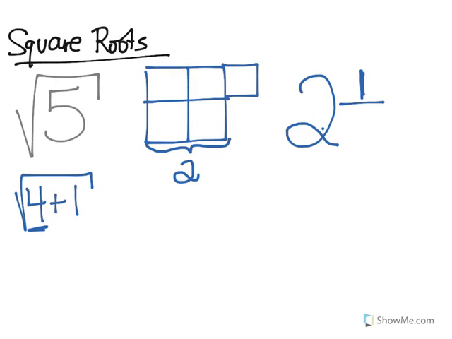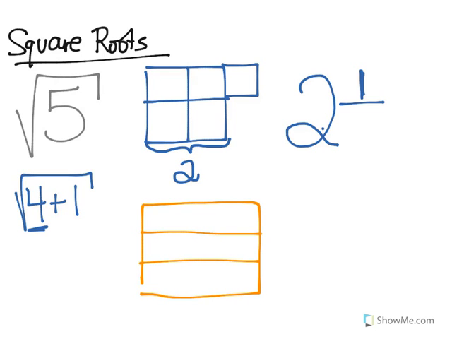I have 1 remaining. My denominator is the whole that it takes me to get another perfect square. So if I made the next one, which is a 3 by 3, we already had 4.